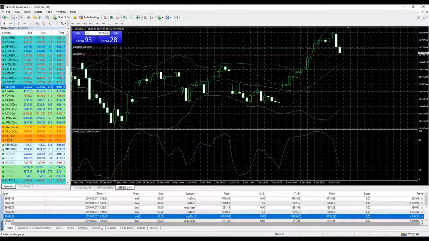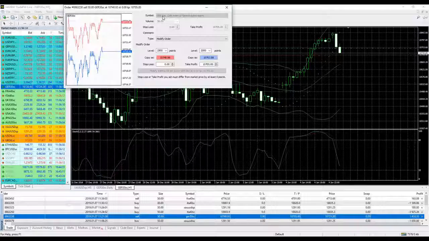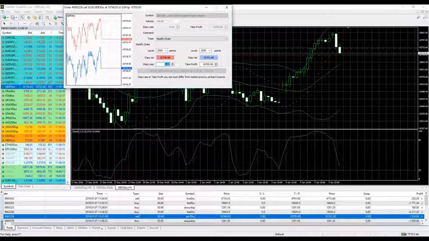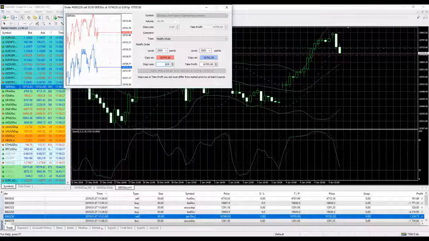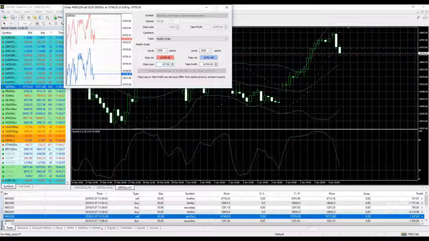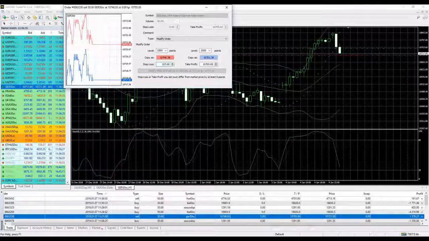So we go here for a positive stop loss. My stop loss will be at 10,730. No, 25. No, it's 25. 45.